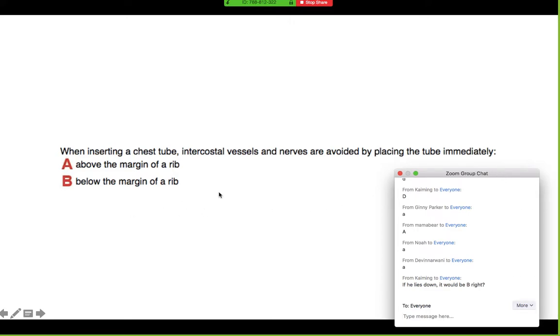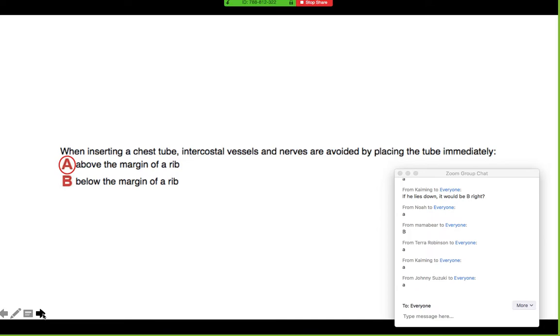So when inserting a chest tube, intercostal vessels and nerves are avoided by placing the tube where? Yes, above the margin of the rib.